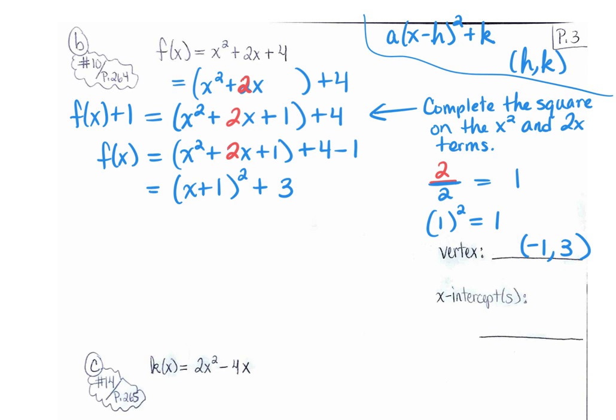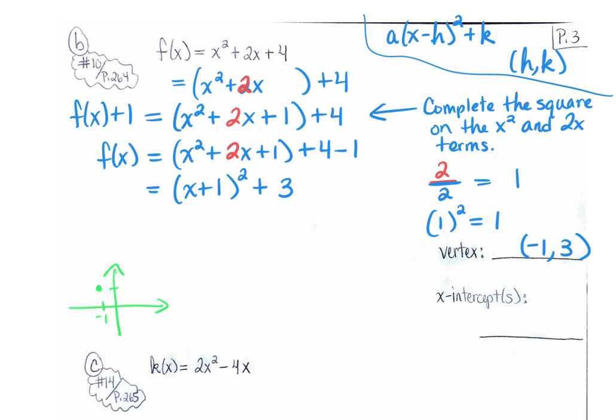Now, is this parabola f of x opening up or down? Up. So if you're sketching your function f of x, then we know our vertex is negative 1, 3. So negative 1, up 3.